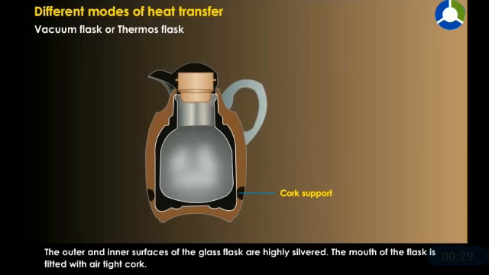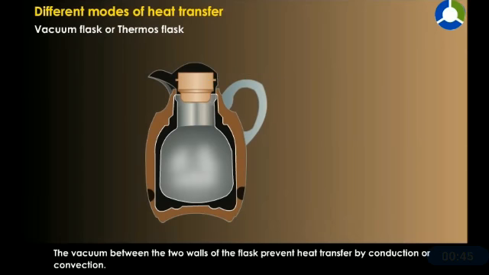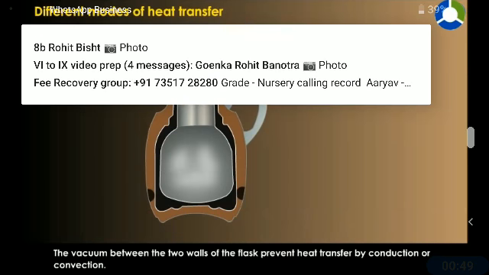The outer and inner surfaces of the glass flask are highly silvered. The mouth of the flask is fitted with airtight cork. The vacuum between the two walls of the flask prevent heat transfer by conduction or convection.